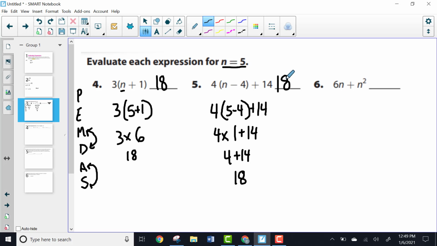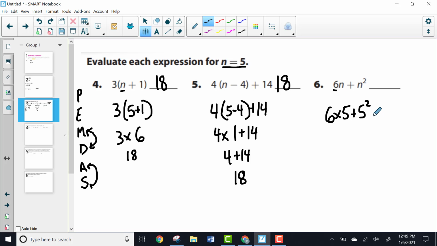All right, the next one, number 6. Let's do this together. So we have n equals 5, remember? So we're going to have 6 times 5. Remember, whenever the constant's next to a variable without any operation, it's understood to be multiplication. Then 5 to the power of 2. So when we think about PEMDAS, parentheses, we don't have any.